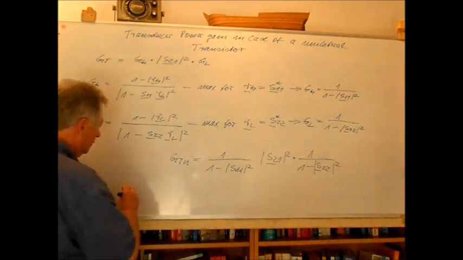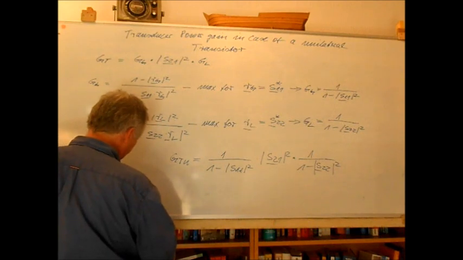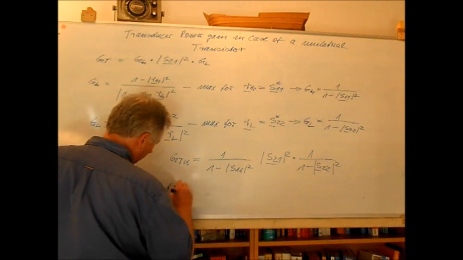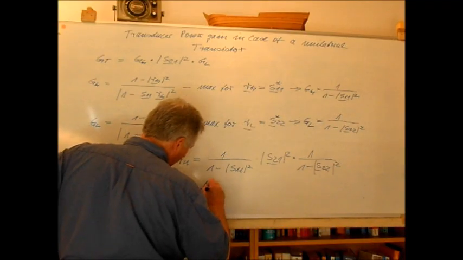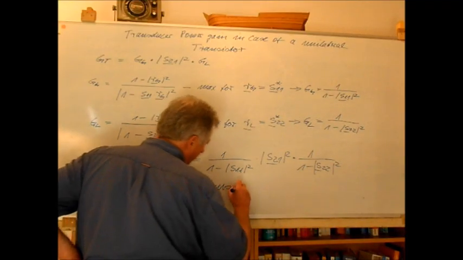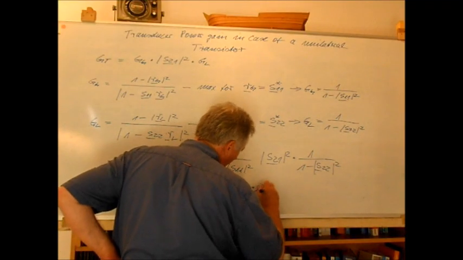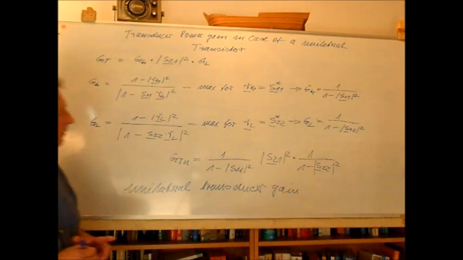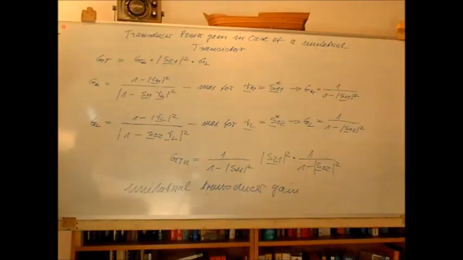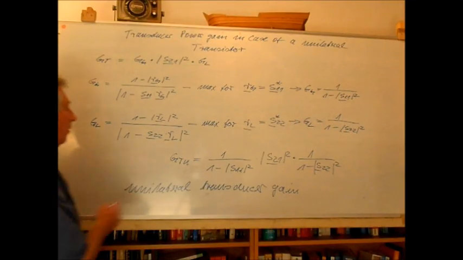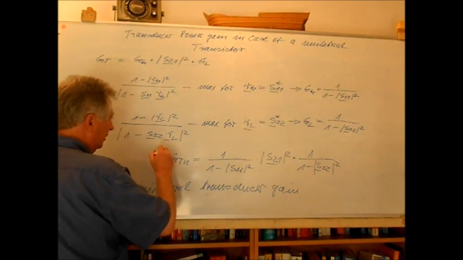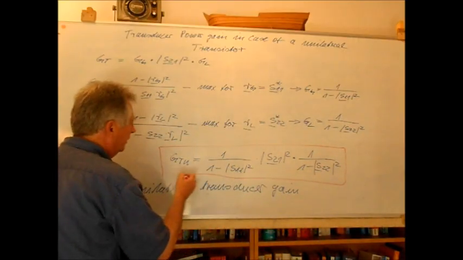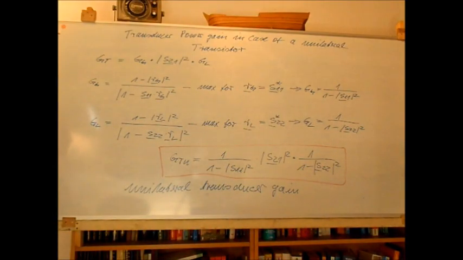And this is called the unilateral transducer gain. You see, the unilateral transducer gain does only depend on the scattering parameters of our active device or of our transistor.